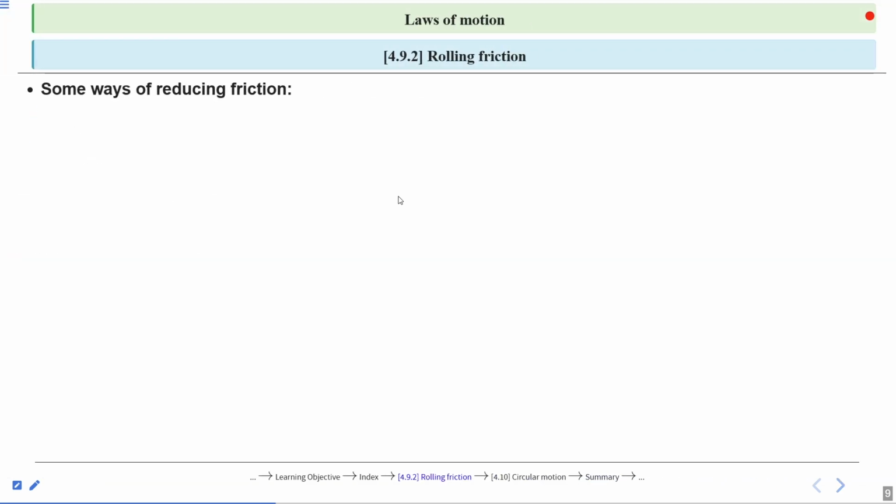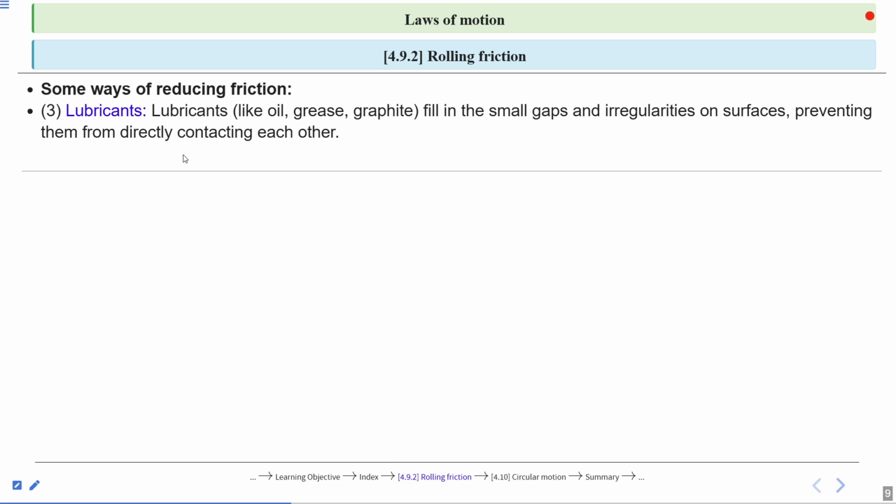Next method is lubricants. Using lubricants like oil, grease, graphite, they fill in the small gaps and irregularities on surfaces, preventing them from directly contacting each other.